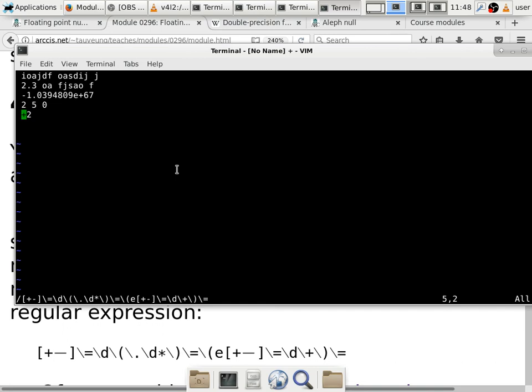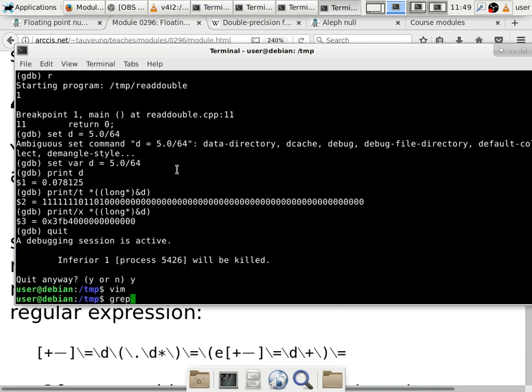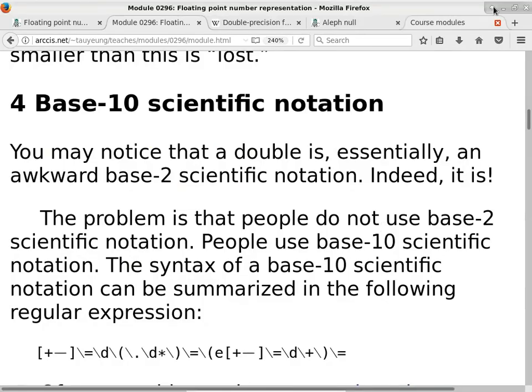It is just as useful in grep. Does anyone know what grep is? G-R-E-P? The name grep actually has a particular reason. Grep has its own regular expression. The syntax may not be the same as this one.